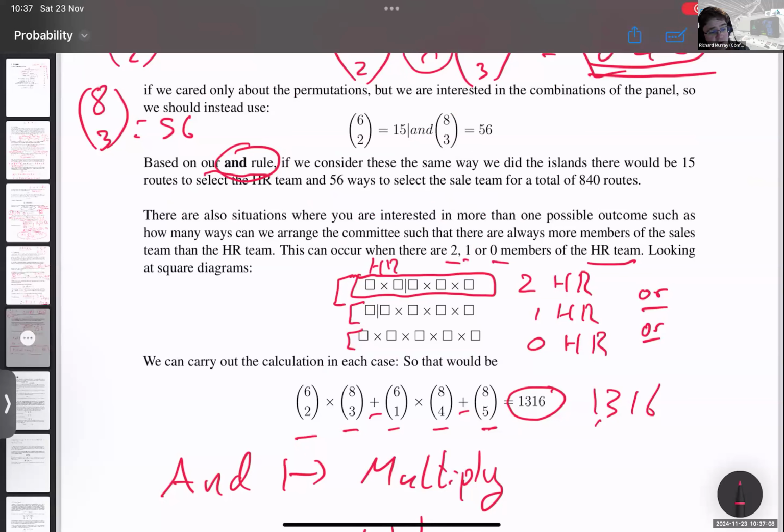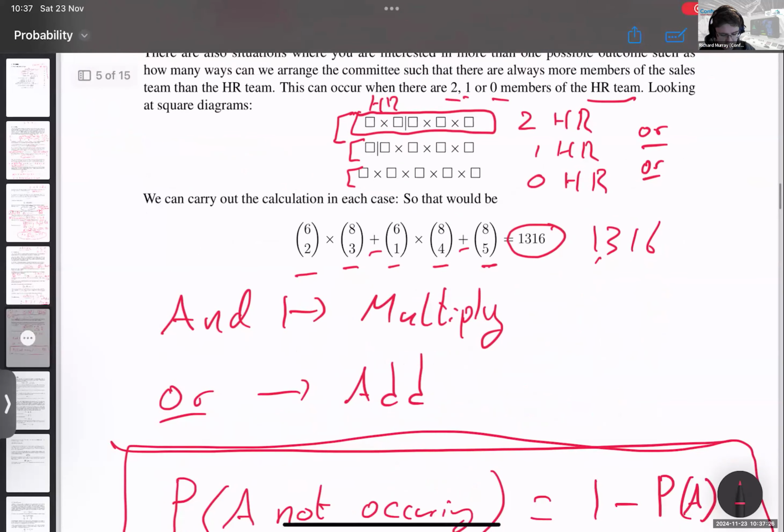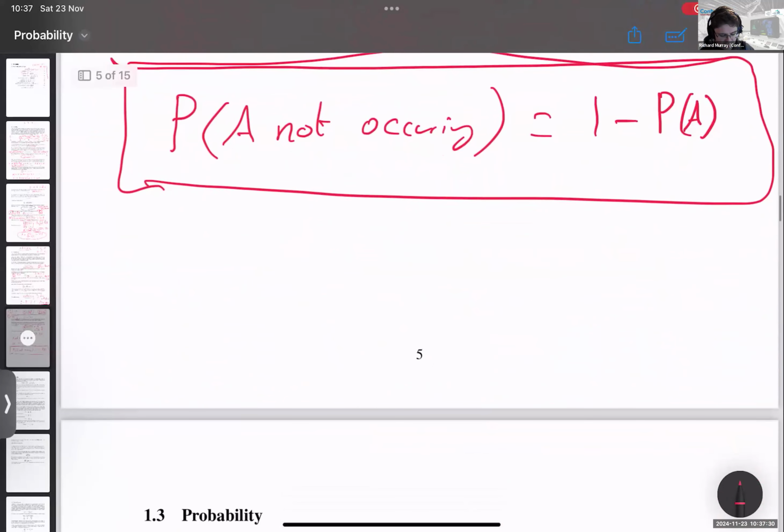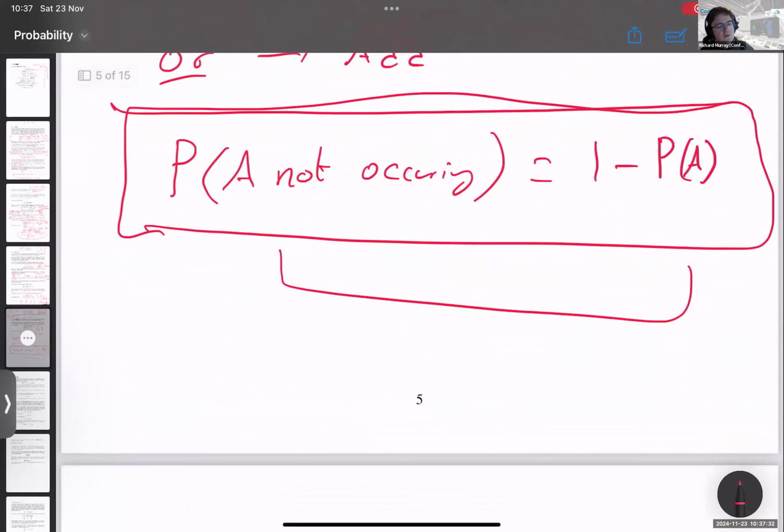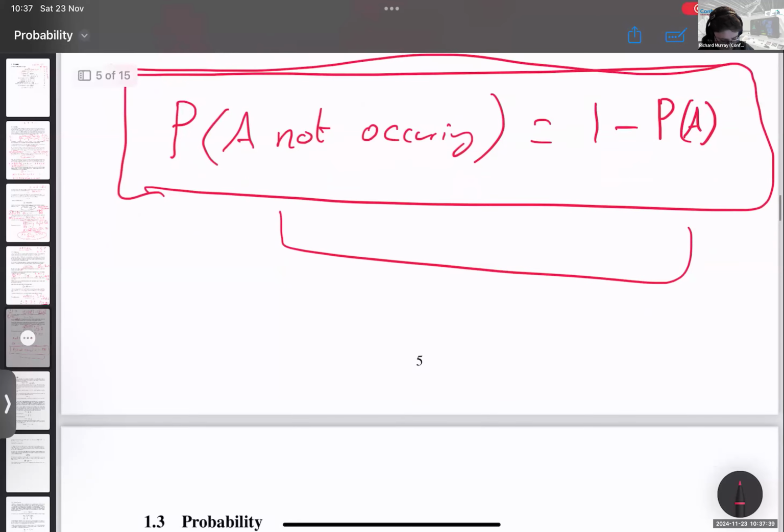If we were asked this first and then we were asked immediately afterwards, how many ways could we select where there's more of the HR team than the sales team? We could first calculate the total number of ways we could select anybody from the committee and then subtract the number of ways that it's more HR than sales. And by applying this kind of composite rule, determine that value. But we will see this in a couple of cases later, and we will re-emphasize it there.